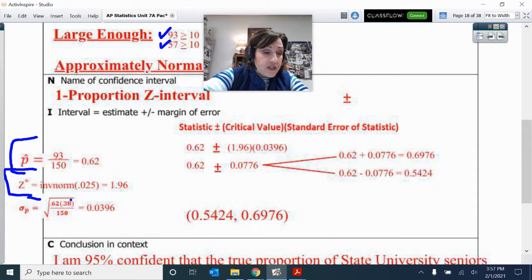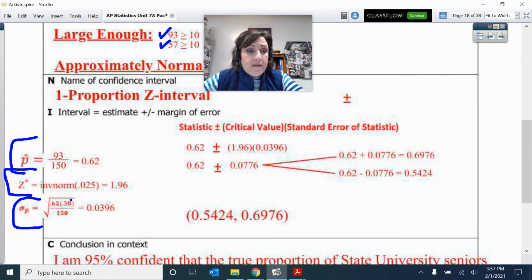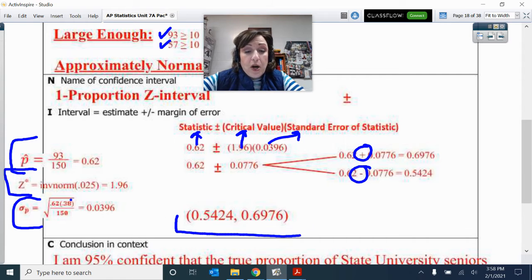And then my standard deviation of that, 0.62 times the opposite of that over 150. So here's that statistic: your P hat plus or minus that critical value times that standard error of the statistic. And then you do one where you plus and one where you minus to get the two parts to your interval.